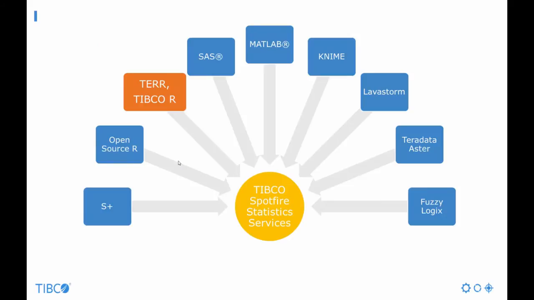Because we want you to leverage your current analytics resources on our platform, with TSSS, Spotfire can call calculations to be run not just in TERR, but also in SAS, MATLAB, open source R, or other engines. Furthermore, you can connect Spotfire to NIME and LavaStorm, which are workflow tools. Of course, TERR is our engine of choice.